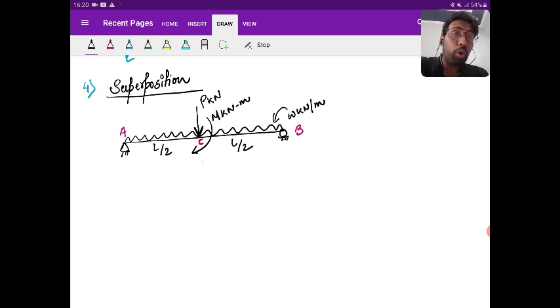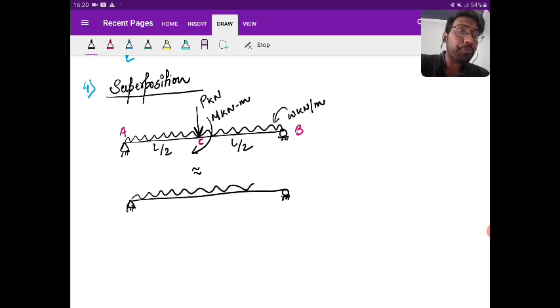So for finding the support reactions, I'm going to divide it into a number of loadings. This is the first loading, that is UDL of W kilonewton per meter acting over a length of L. Second, there is a point load.